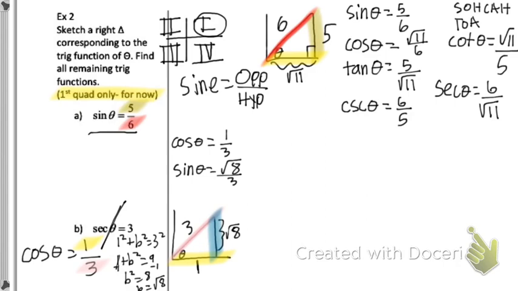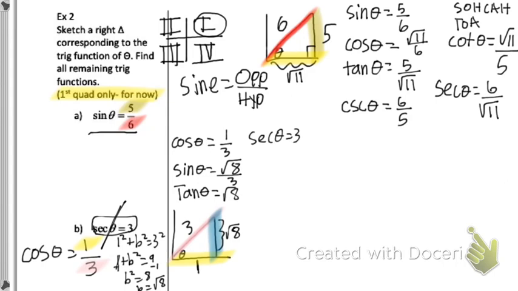Now let's do tangent of theta, which is opposite over adjacent. It'll be square root of 8 over 1, which just equals square root of 8. Now let's find the other trig functions. We already know secant of theta equals 3 because the information is given here.